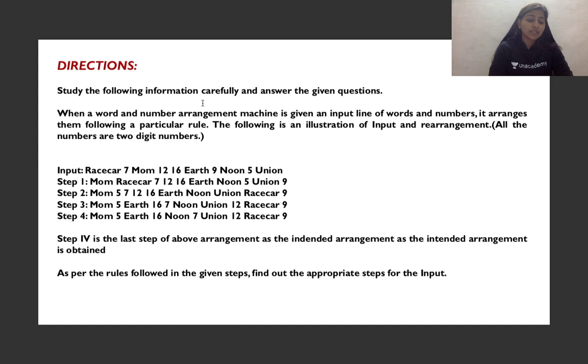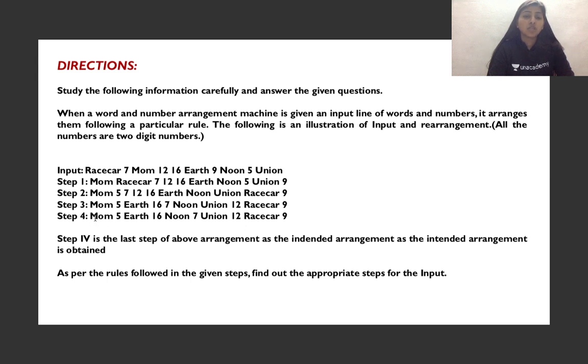So if you can't find any increasing or decreasing order, what you need to do is take alternate elements, like 5, 7, 9, and then 16, 12. What you will see now is 5, 7, 9 are odd numbers and they are arranged in increasing order. And 16 and 12 are even numbers and they are arranged in decreasing order. Similarly for the words, take mom, noon, and race car. What is common between them? They are all palindromes. What are palindromes?